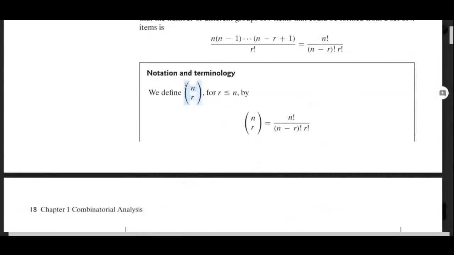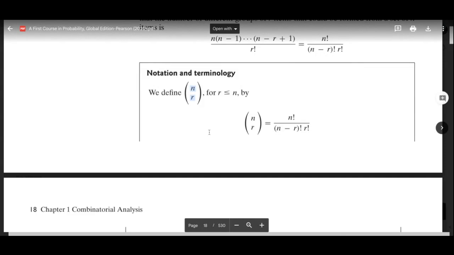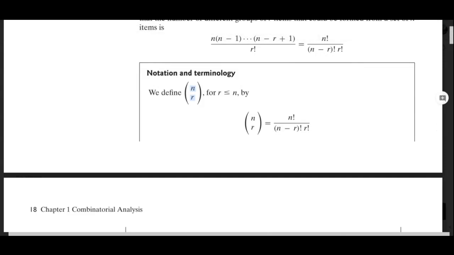So we use this notation. I believe you learned the binomial theorem. Remember, in the binomial theorem we learned this combination notation, with big parentheses. This means out of n, choose R. Out of a group of n members, choose R members in a group. It's like, out of a class of 20 people, choose 2 to be representatives. Those 2 representatives are equally ranked and have no order.